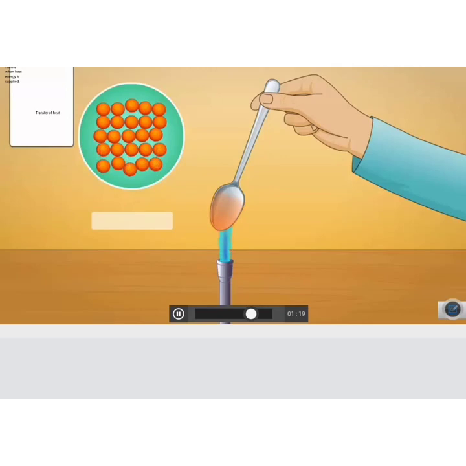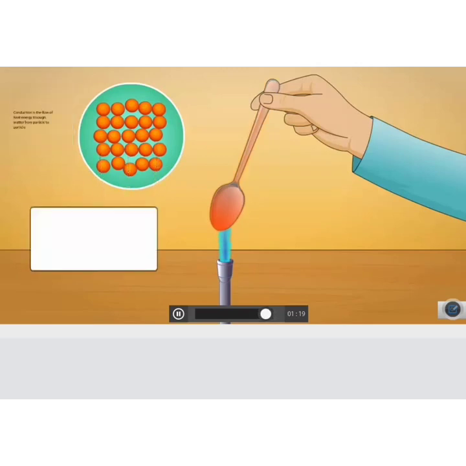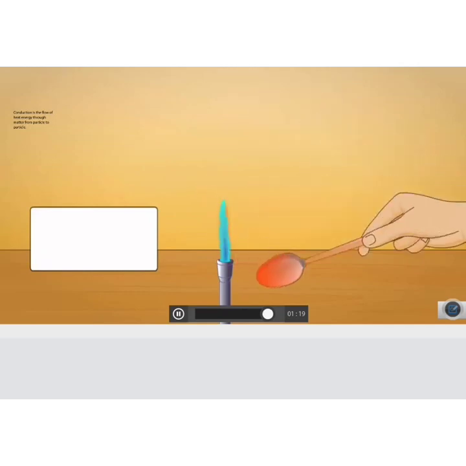The transfer is always from the hotter end of the object to the colder end. Thus, heat gets transferred from one end of the spoon to the other through conduction. Conduction is the flow of heat energy through matter from particle to particle.